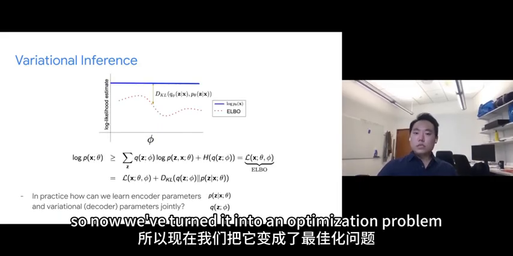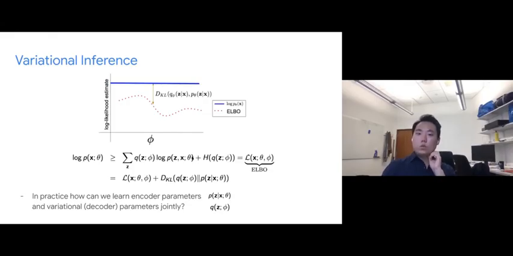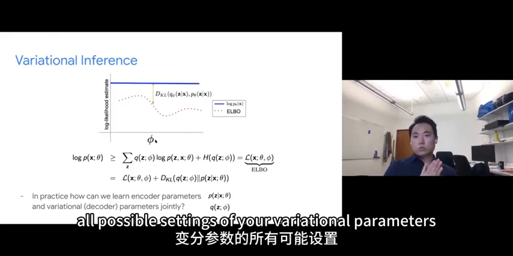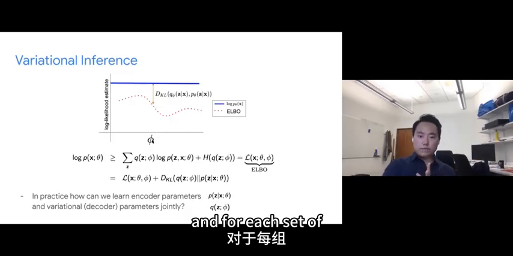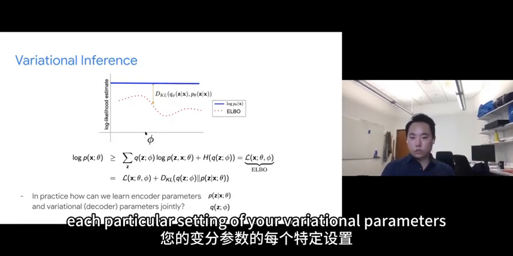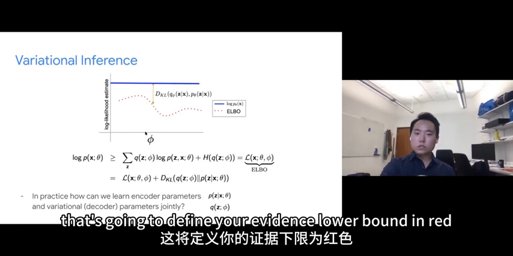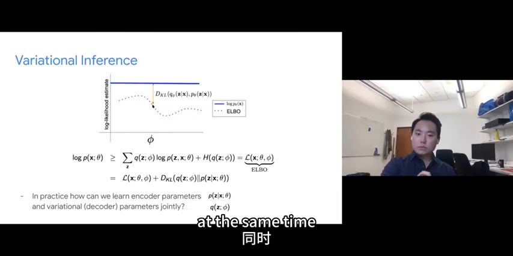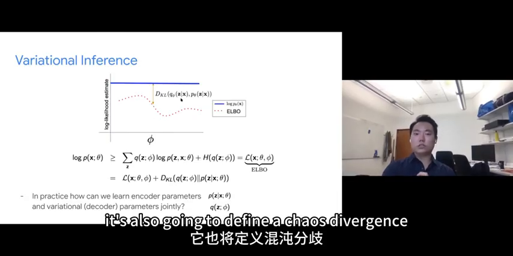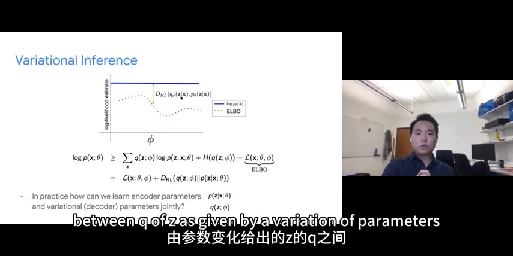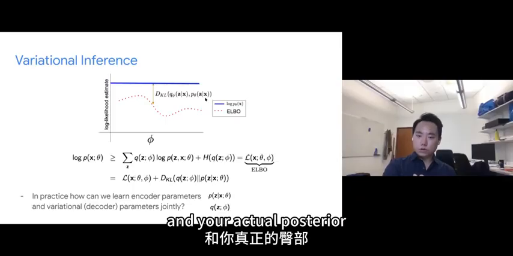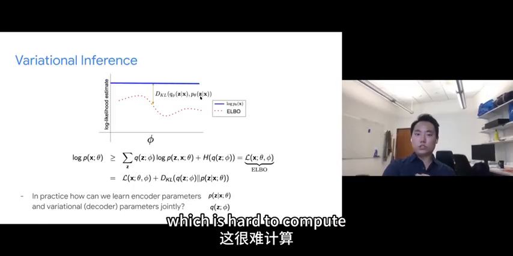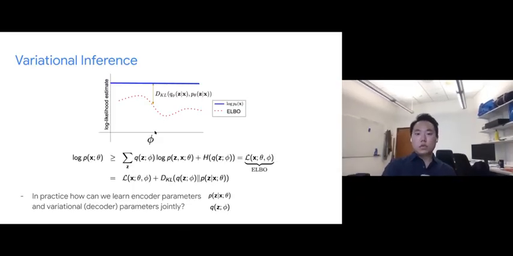So now we've turned it into an optimization problem where phi is all possible settings of your variational parameters. And for each particular setting of phi, that's going to define your evidence lower bound in red. At the same time, it's also going to define a KL divergence between Q of z, as given by your variational parameters, and your actual posterior, which is hard to compute.